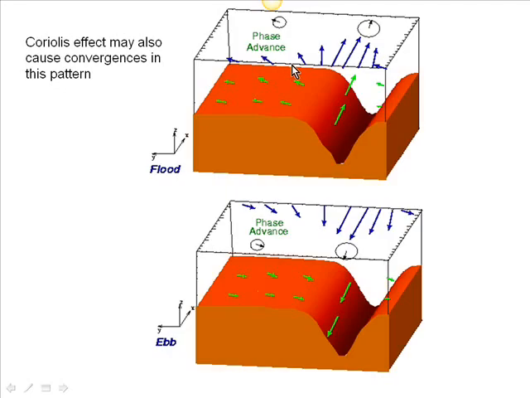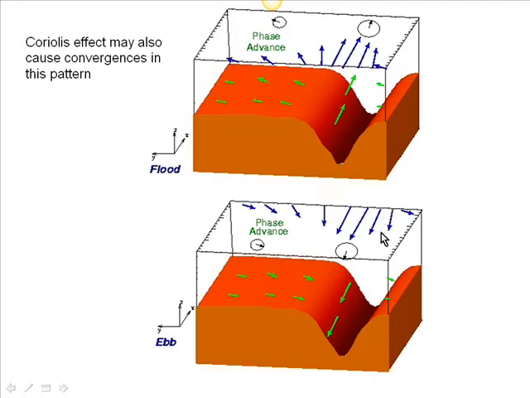So again, you can use the same phase difference between the channel and the shoal to use the Coriolis, the Earth's rotation argument, to explain convergence on this side, divergence on this side by the end of flood. And then toward the end of ebb, again, the flow will be deflected to the right here, and as it's trying to go in over the shoal, it's going to be deflected to the right, so you're going to create a convergence on this side over this left-hand slope.